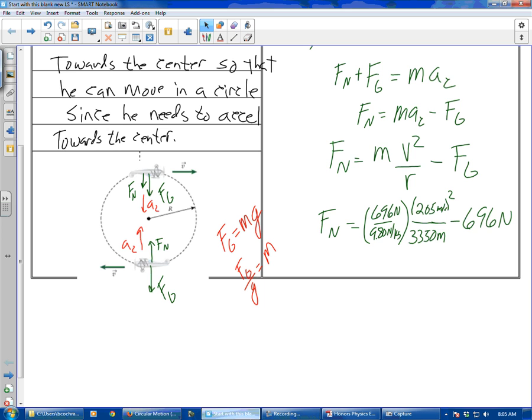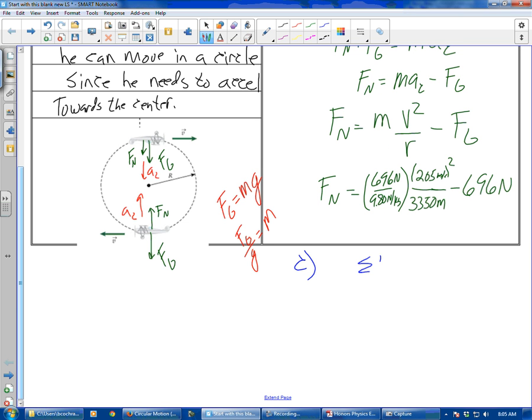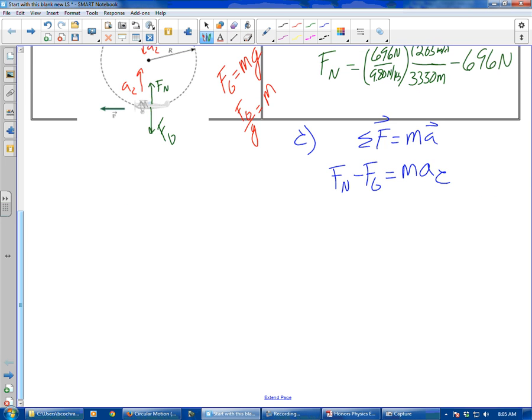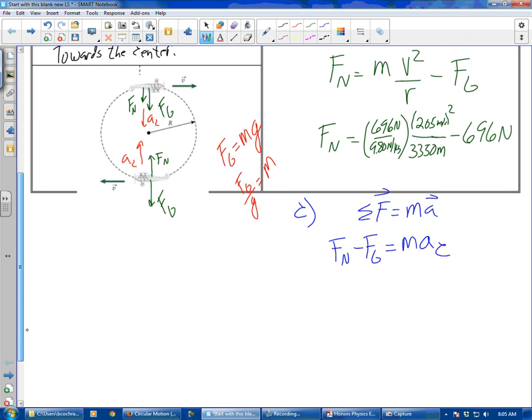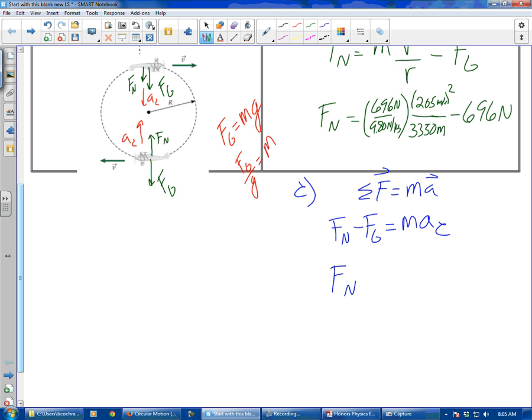So this will be part C here, and I'm going to start off the same way, except this time I'm still going to take towards the center as positive, so I have force normal minus F sub G equals MAC, and therefore when I rearrange this for force normal, I get MAC plus his weight.